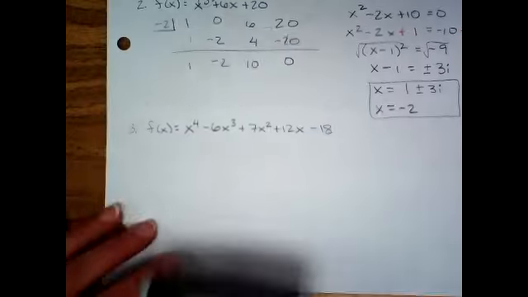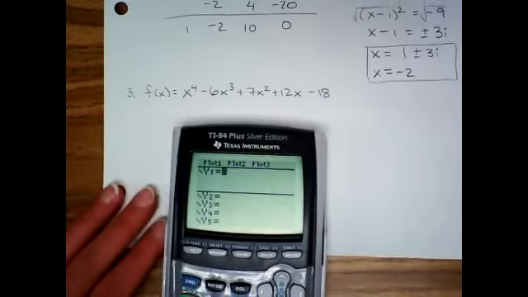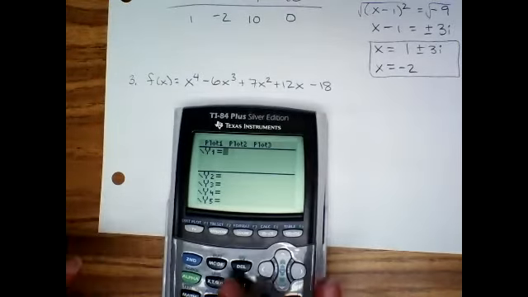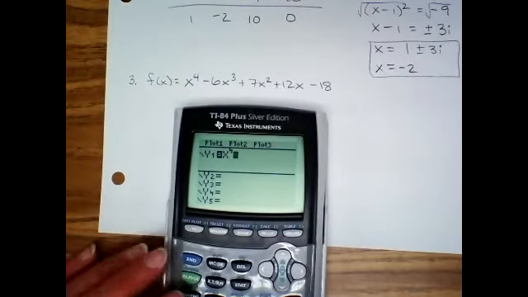So go ahead, type in y equals. I'll get you to the graph and get you started. And then I'm going to be quiet and let you guys actually try this one.